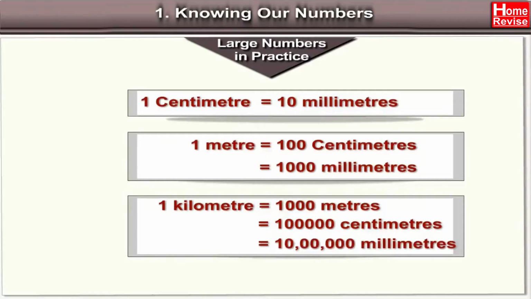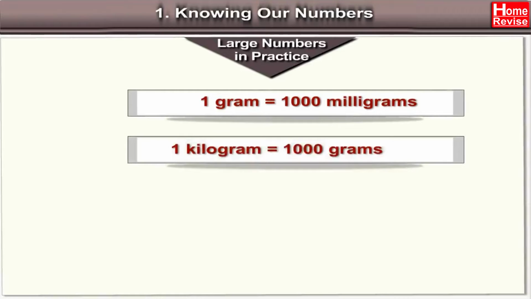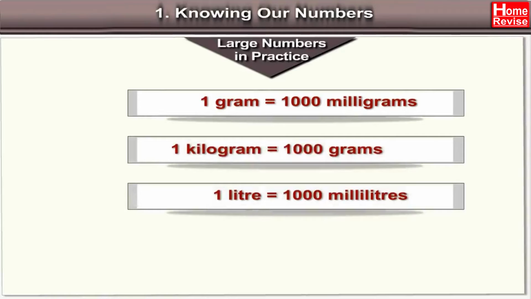Similarly, we have 1 gram is equal to 1000 milligrams, 1 kilogram is equal to 1000 grams, 1 liter is equal to 1000 milliliters. And these are commonly used units in our day-to-day life.